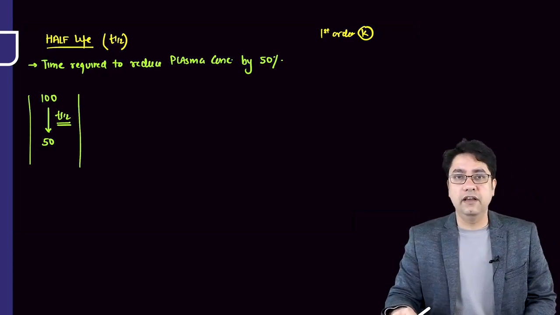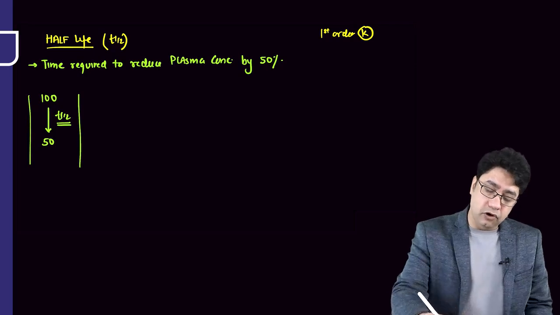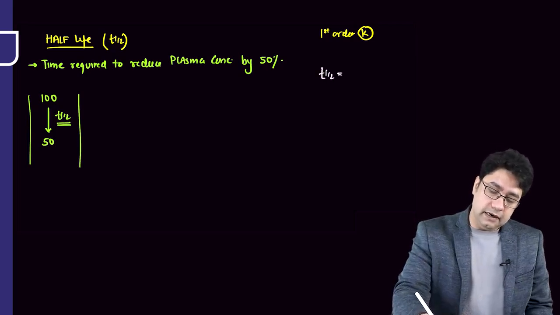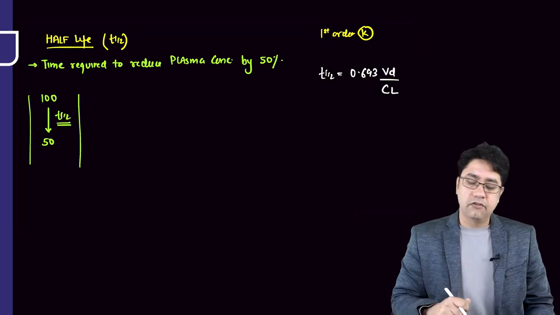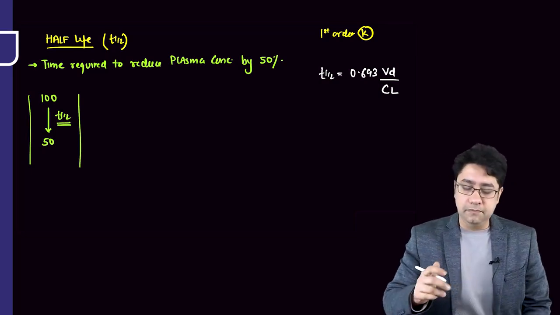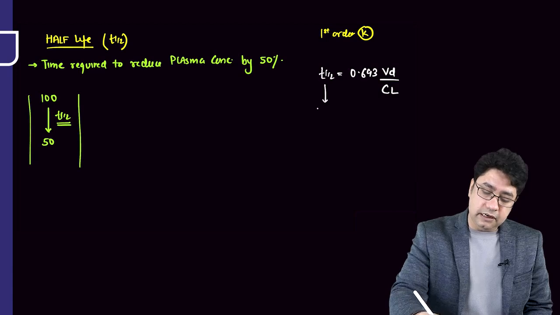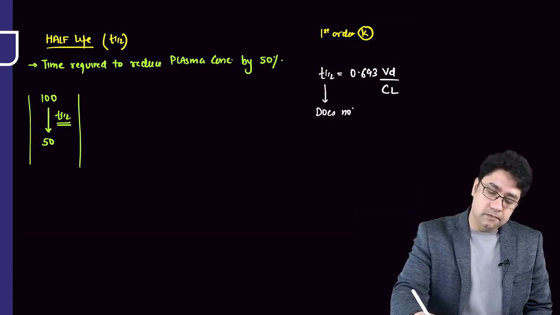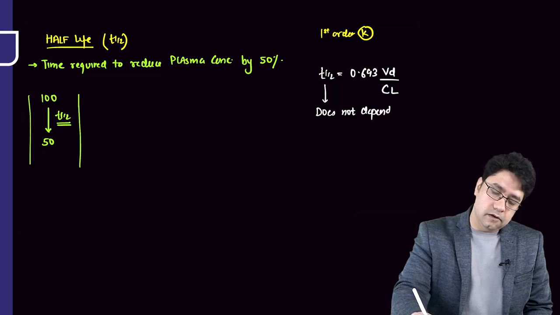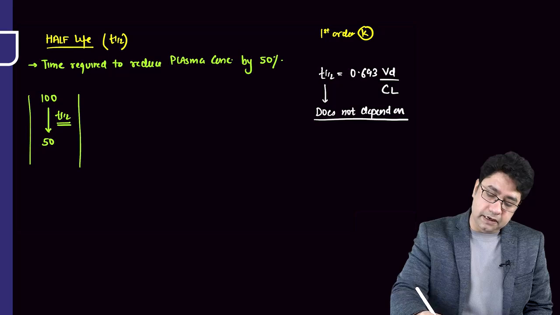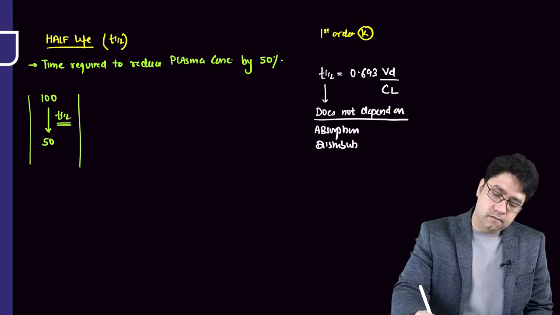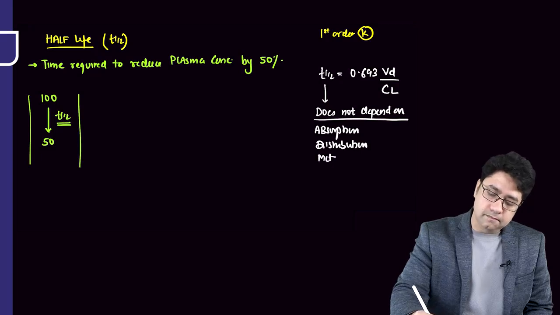But there is a point out here. If you remember the formula of half-life, it is 0.693 Vd upon Cl. From this formula, can you tell me half-life of a drug does not depend upon? Options are absorption, distribution, metabolism, and excretion.